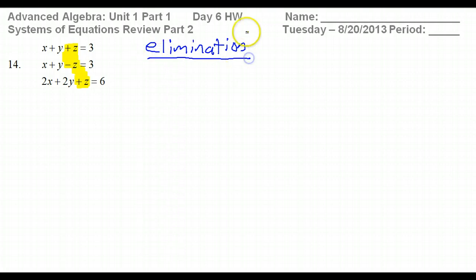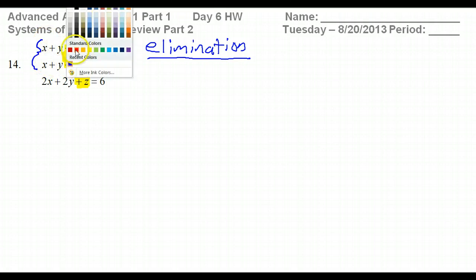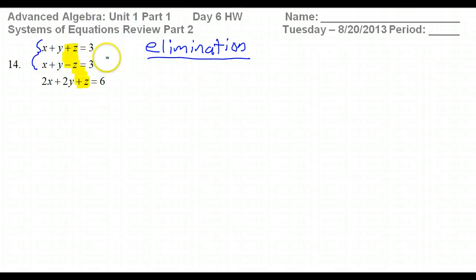So I'm going to use the first two equations and pair those up, and then I'm going to use the last two equations and pair those up. Again, it doesn't have to be the first two and the last two. I could have used, for example, the first and the third if I wanted to.